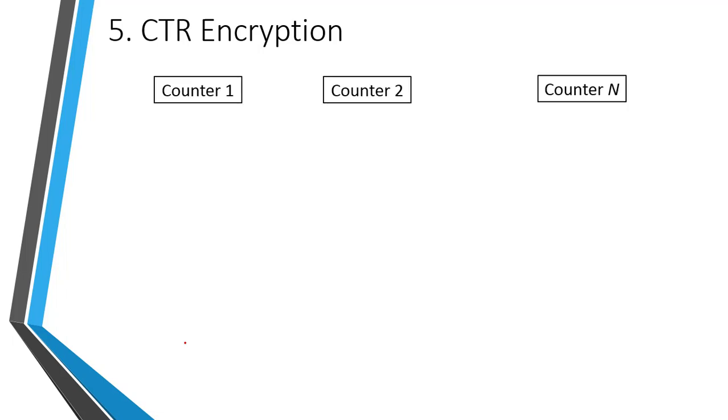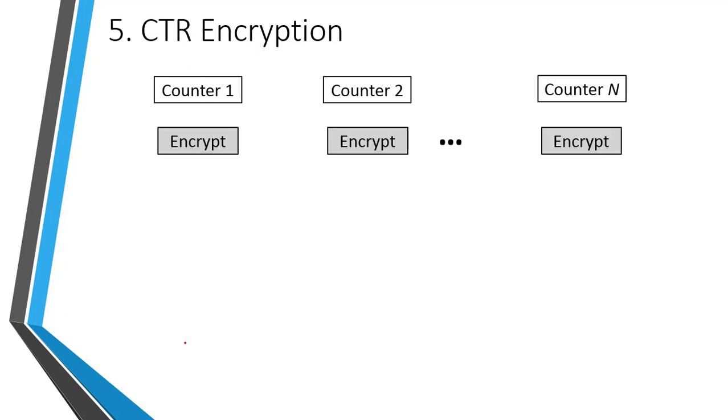In this mode, a counter equal to the plaintext block size is used for the encryption. The only requirement is that the counter value must be different for each plaintext block. So for the first block counter 1 is used, for the second block counter 2 is used, and so on. Typically the counter is initialized to some value and then incremented for each subsequent block.